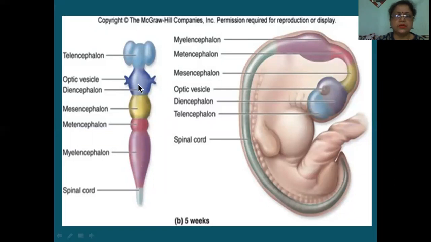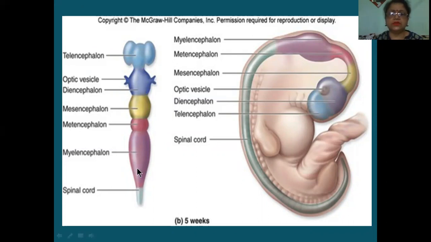The forebrain is again divided into telencephalon and diencephalon, and the hindbrain into metencephalon, myelencephalon, and spinal cord. The mesencephalon directly gives you the midbrain. We don't need to go into all this. For today's topic, what we have to concentrate on is the diencephalon, because in the diencephalon we get the optic vesicles.